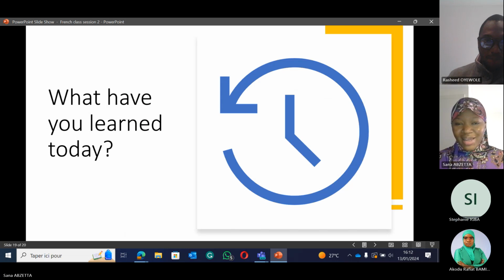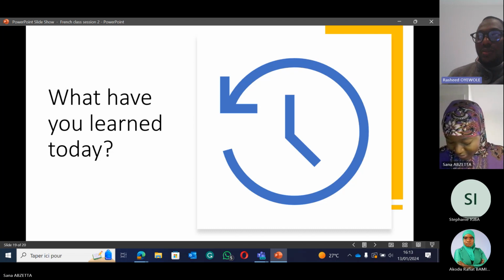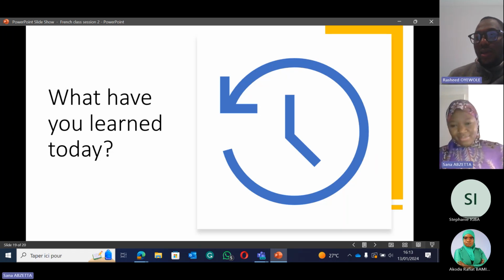All right. Can someone try to do a summary of what we learned today? Okay, so today we talked about, firstly, the article a, an. We talked about the masculine and feminine forms of that article. The masculine is un, and the feminine is une. We tried to use it with some words.